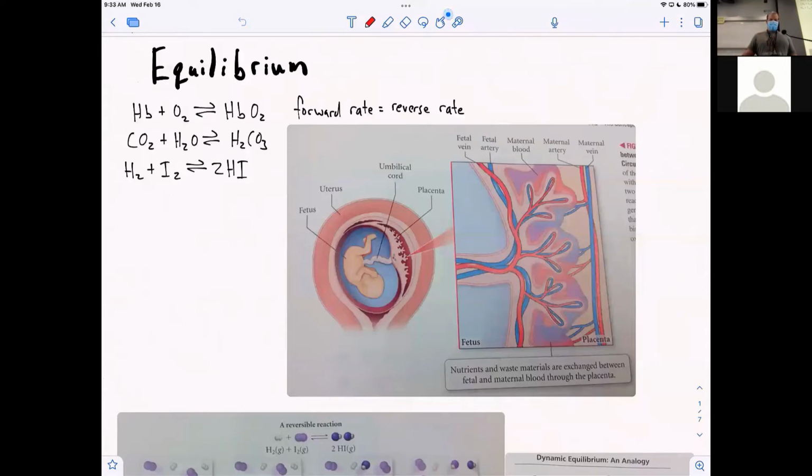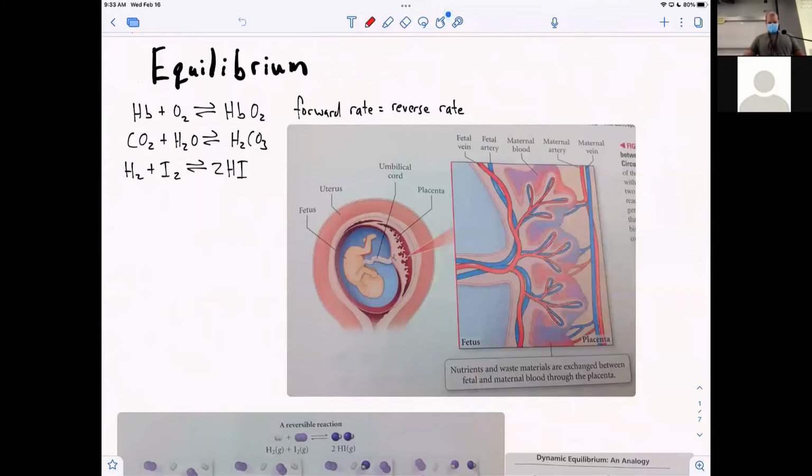Things like combustion: if I'm burning paper, and paper is quite a bit of glucose, the forward reaction of glucose going to carbon dioxide and water is way favored over carbon dioxide and water forming glucose. Can it happen? Yes, maybe in small amounts, but it's predominantly in one direction.